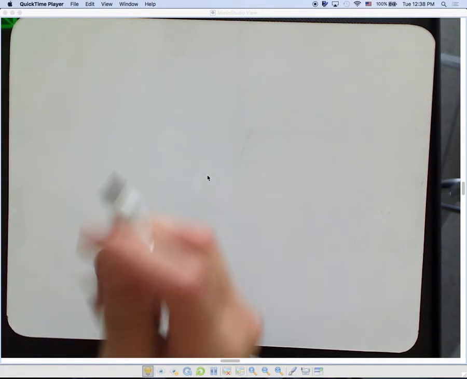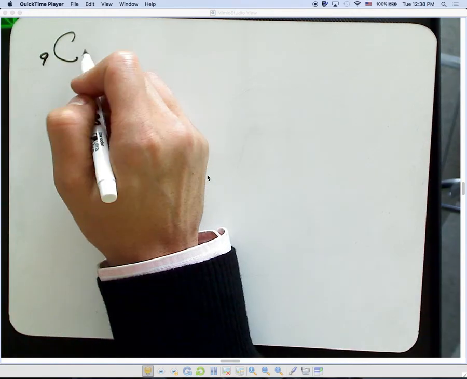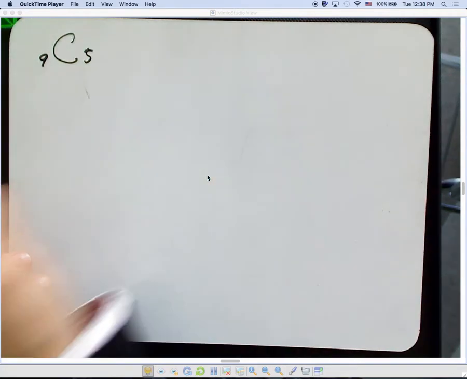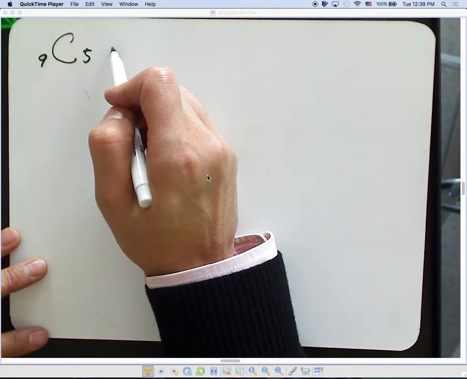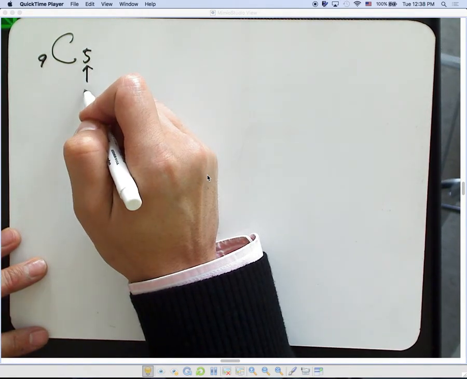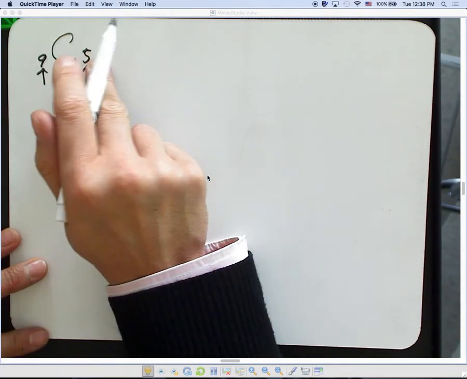And we have some notation like C with a small 9 on the bottom left and 5 on the bottom right. This means that you're making groups of 5 out of 9 people, for example.